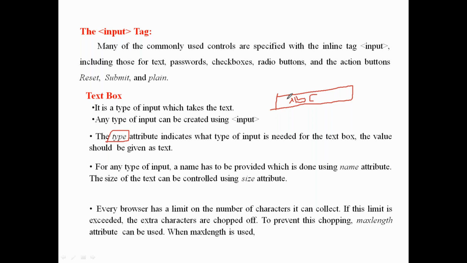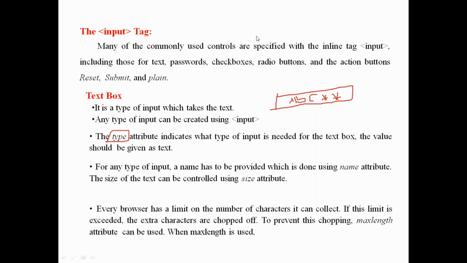To tell the browser this is a text box, you must write type equal to double quote, then text. If you want to make it a password so the characters are hidden, you write type equal to password. Like this you can create the text box.